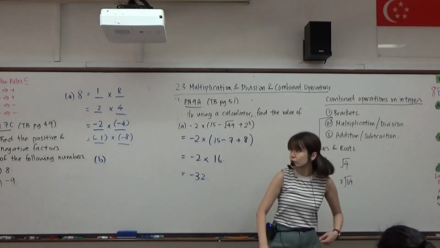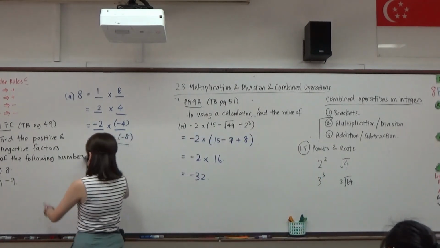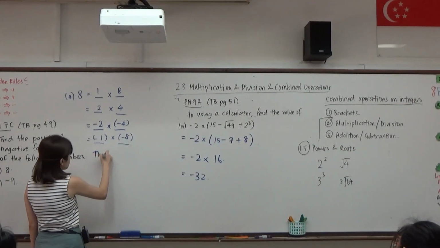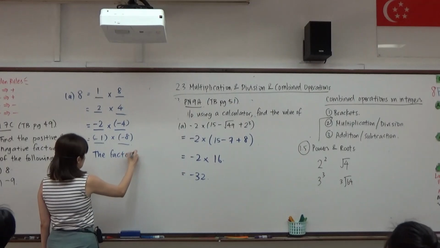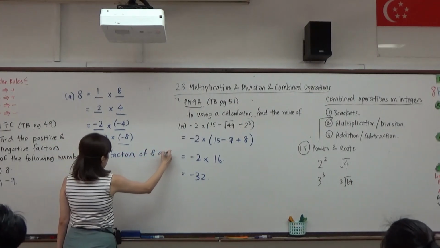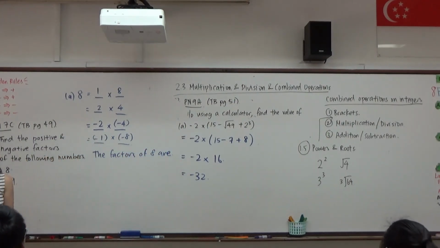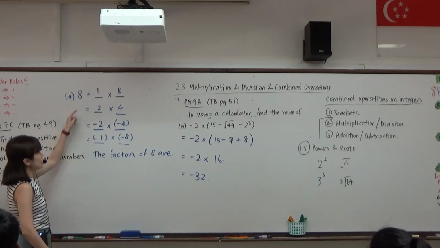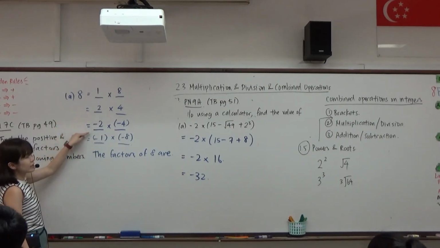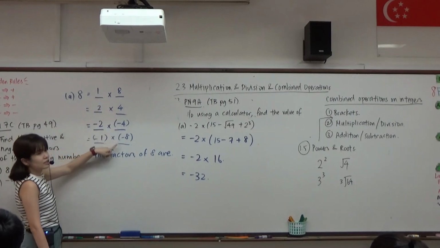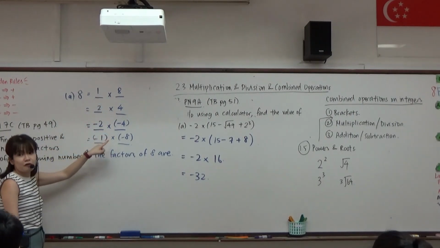So therefore part A, sorry, I haven't answered the question yet. The factors of it are positive 1, negative 1, positive 2, negative 2, positive 8, negative 8, positive 4, negative 4.